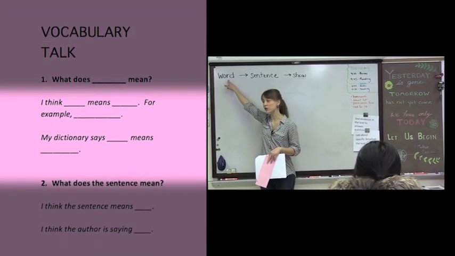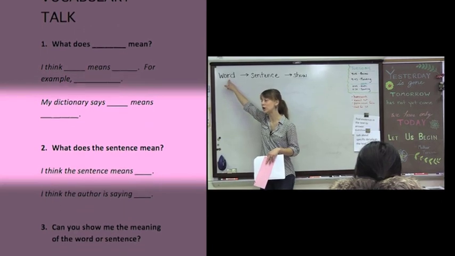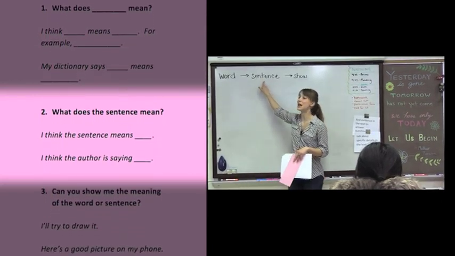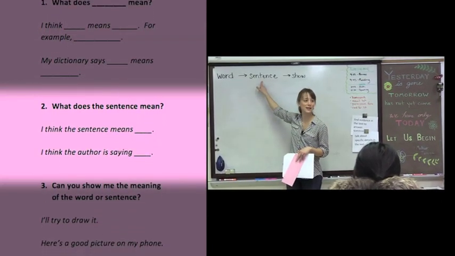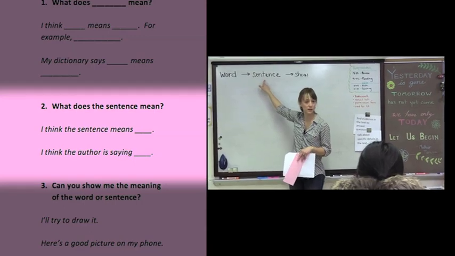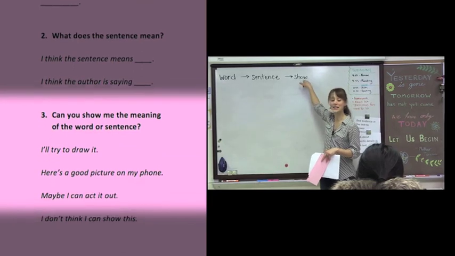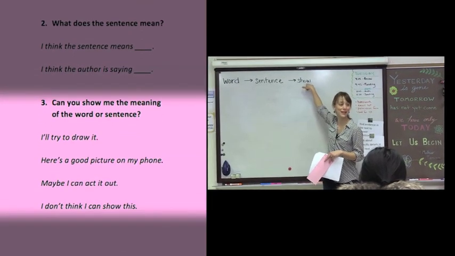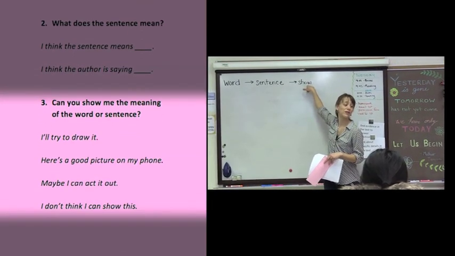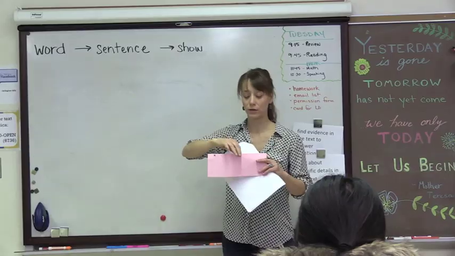And then after you talk about the meaning of the word, you're going to think about the sentence. What does the whole sentence mean with that word in it? And finally, I'd like you to practice how can you show the meaning of that sentence or word.